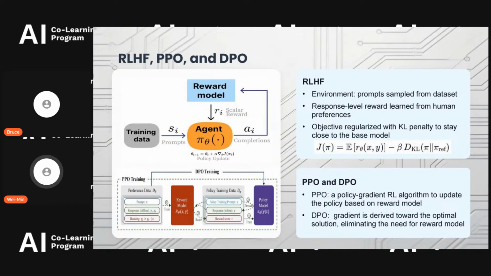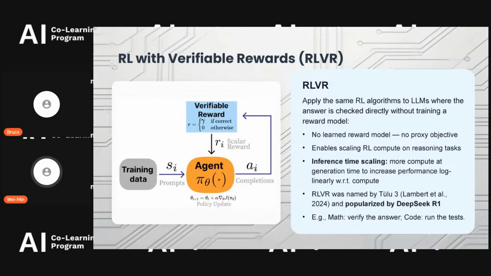For reinforcement learning, we need to train the reward model from prompts sampled from the dataset, and it offers a response-level reward learned from human preferences. For reinforcement learning with verifiable rewards, they apply the same algorithm to LLMs.